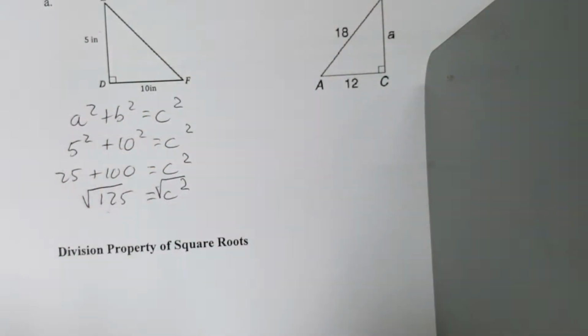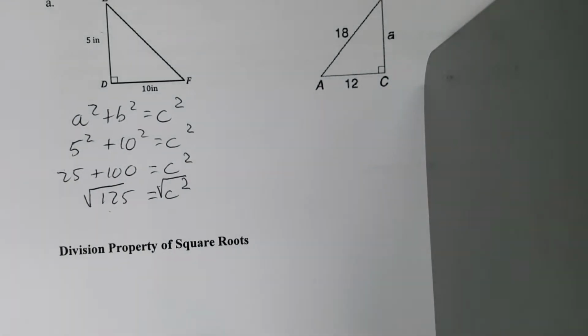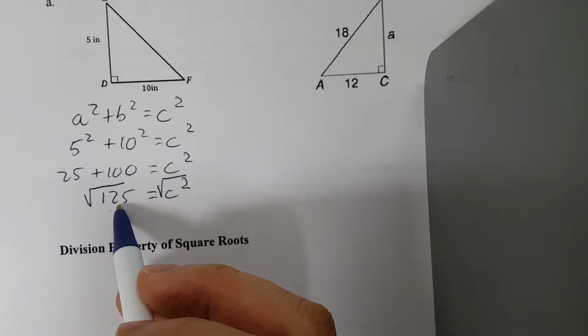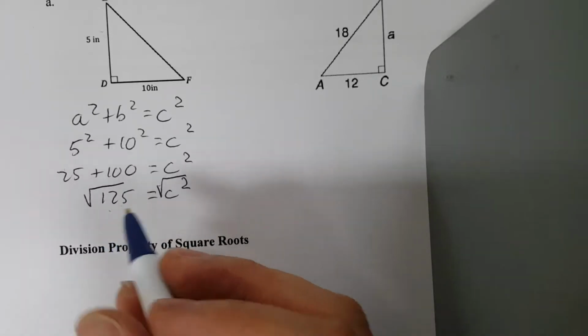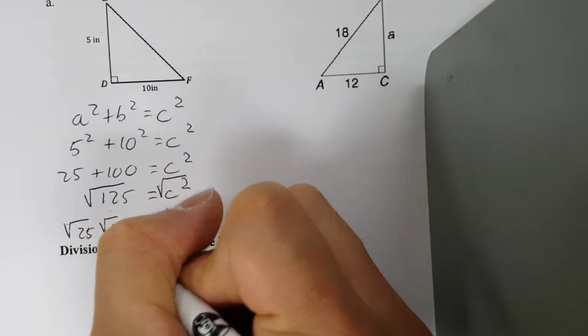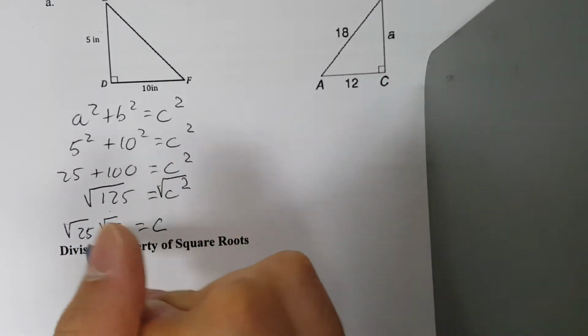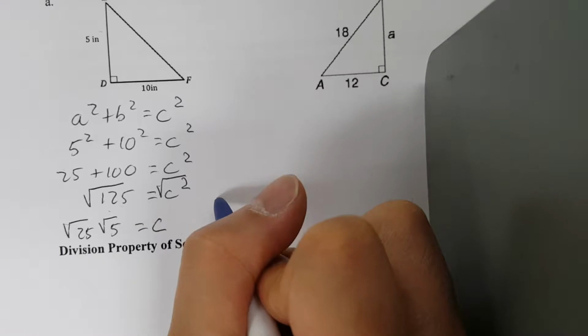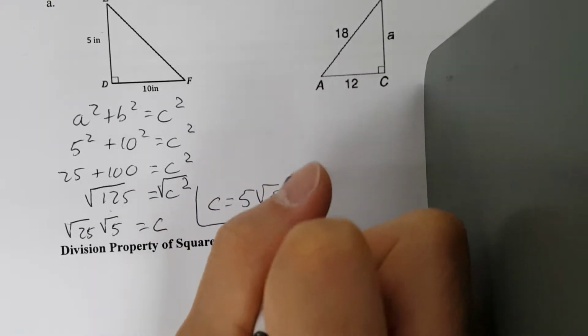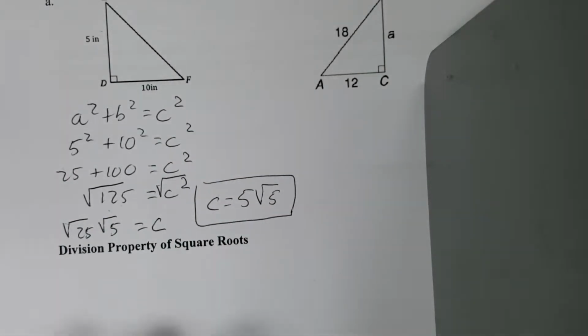Now, instead of just putting that into your calculator, we're going to simplify it by using square roots. The largest number that can go into 125 is 25. So this is radical 25, radical 5. That's equal to c. And so my answer here is c is equal to 5 radical 5. Because radical 25 is 5.